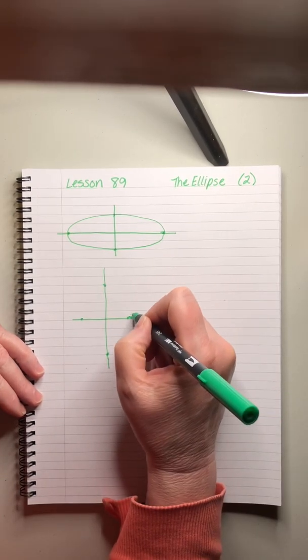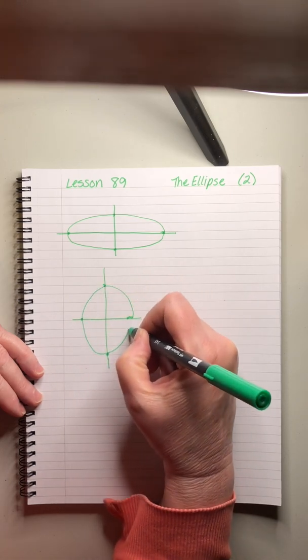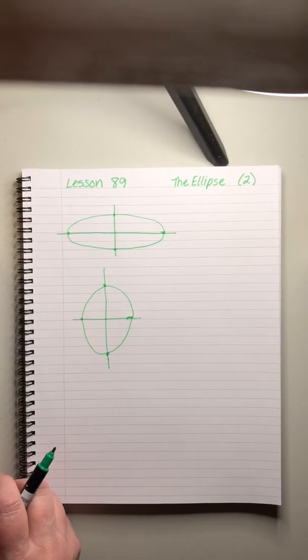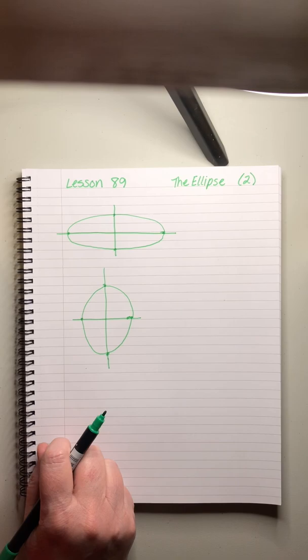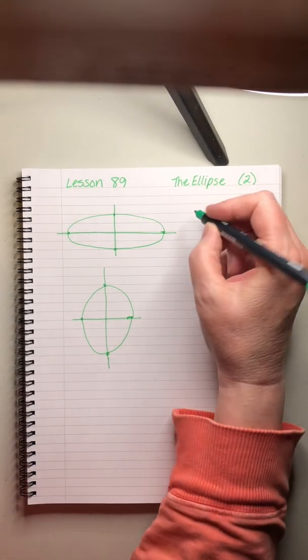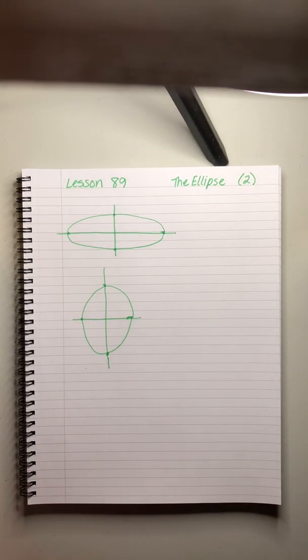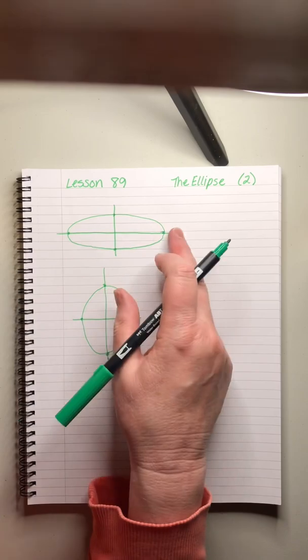I'll make that one go out a little bit more. Don't drive yourself crazy trying to make them perfect, but just try to get the rough idea. This one's way better than this one, right? Okay, now we know that these 4 points have a really nice pattern to them. One thing I want to say is that we always associate the A value with what we call the major axis.